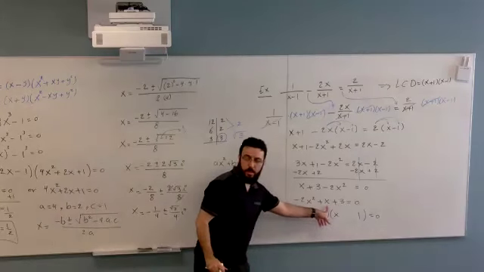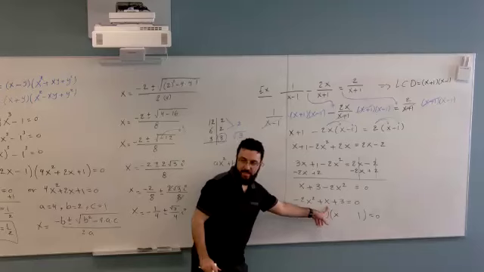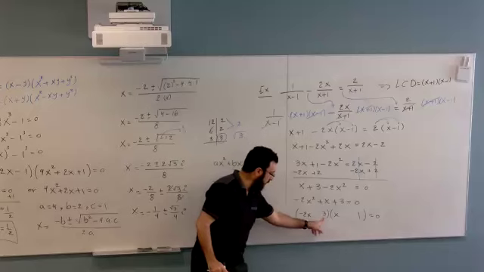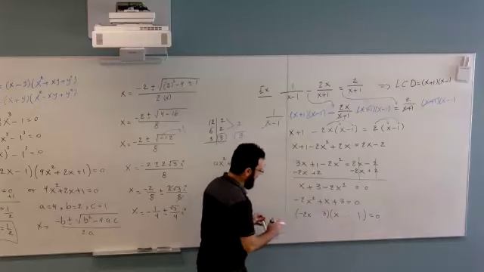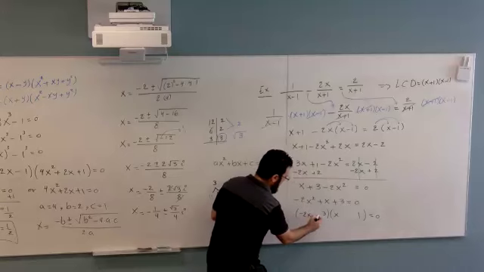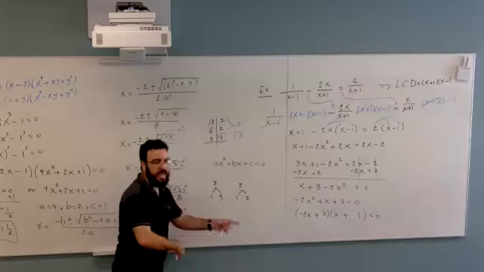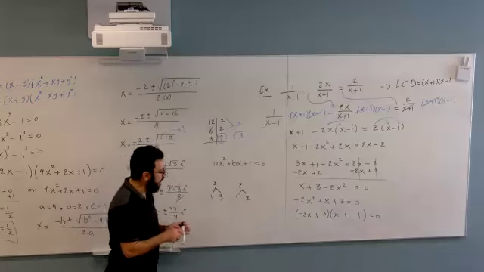Now the result should be what? Positive x. What am I going to put here? Positive and here positive and positive. Of course, you can change the sign, it's up to you. But now, this is going to work, let's check.